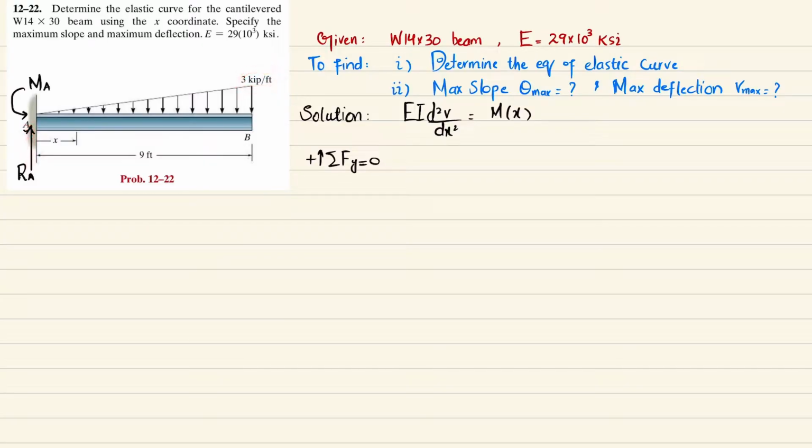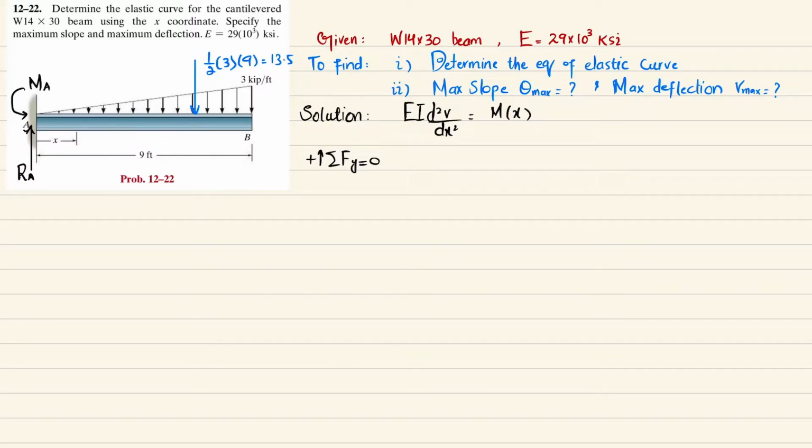If you convert this uniformly increasing load into a point load, you will have to multiply 1 over 2 into 3 multiplied by 9, because this load is triangular, so the area under this load will give you a point load. The area of a triangle is 1 over 2 into its base, which is 9, and height, which is 3. So this point load will be equal to 13.5.